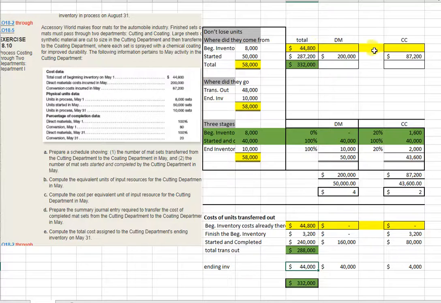If I had them broken out, these two numbers would come down there, but I'm only caring about the total, so I don't necessarily need those broken out. 1,600 times 2 and 40,000 times 2 gives me 80,000. So my transferred out is made up of two lines, beginning inventory and started and completed, plus I have to take this beginning inventory costs on out. So I have 288 and 44.